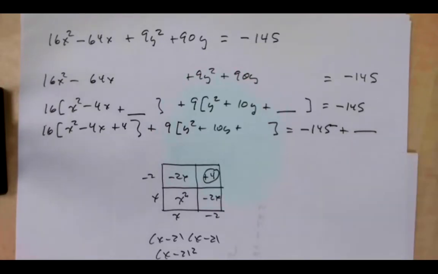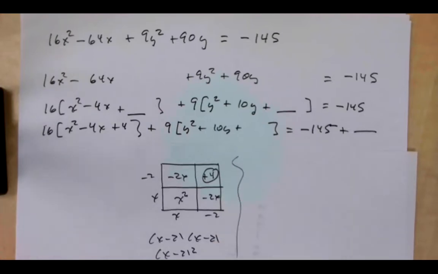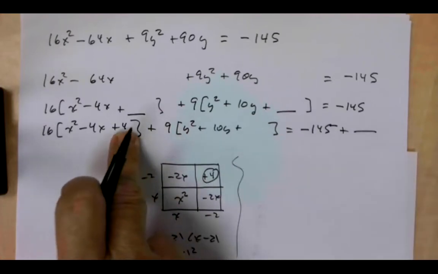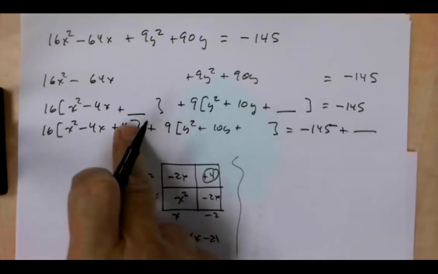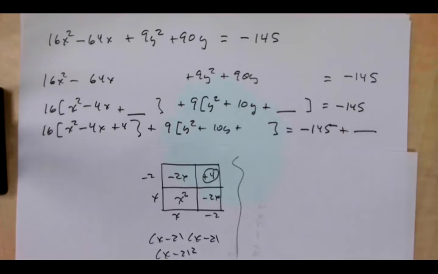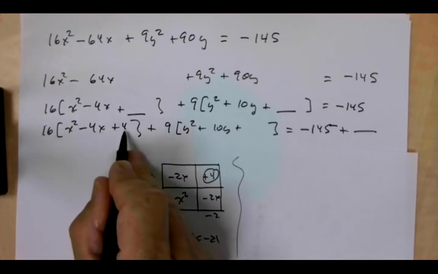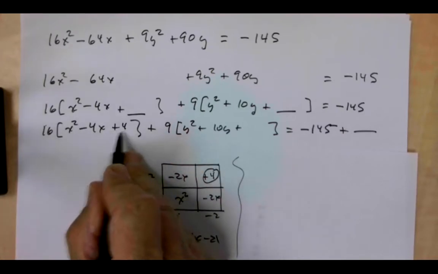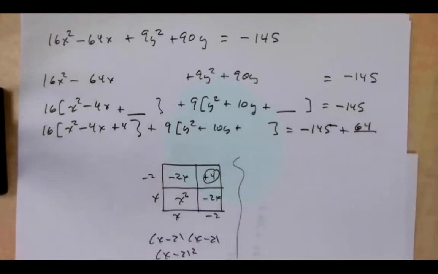To keep this fair, I've got to add the same thing to the right side. So let me ask you, what do I need to add to the right side to balance out the adding of 4 there? The answer to that question is 64, because 16 times 4 is 64. So in essence, I've added 64 to the left side, so add 64 here.